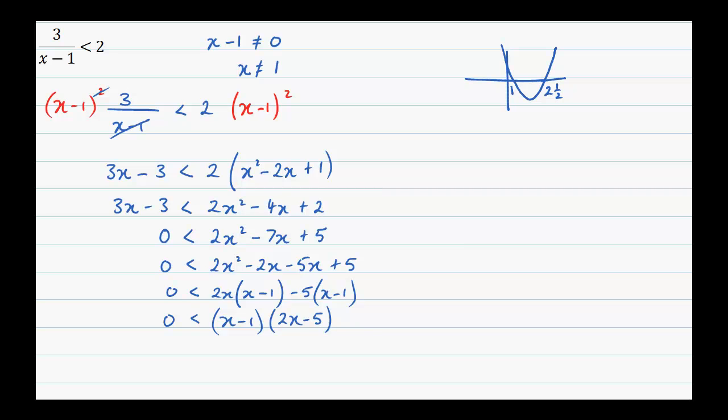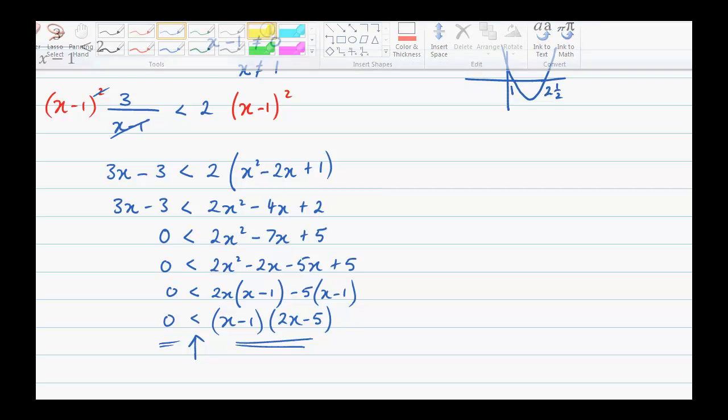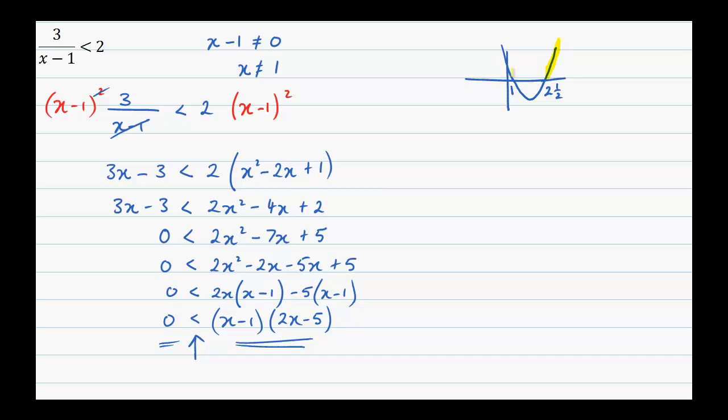And I'm looking for the part that, if I look at this inequality here, I'm looking where the parabola is greater than 0. So reading that backwards, where this parabola is greater than 0. So on my diagram here, if I look carefully, I'm looking at the parts above the x-axis, those two parts there. And that means I'm looking where x is less than 1 and where x is greater than 2.5.